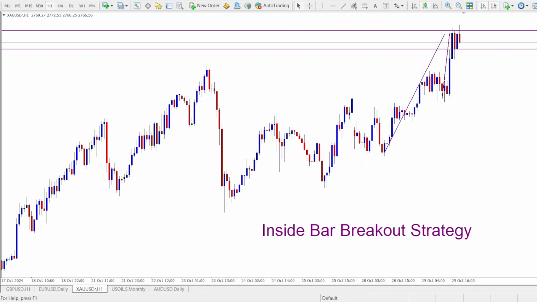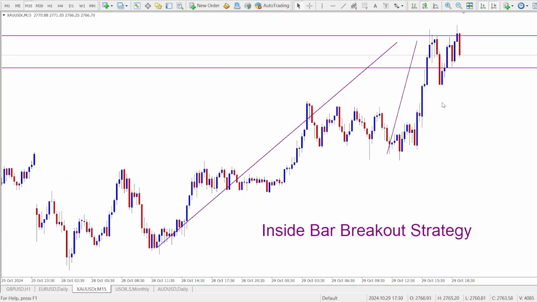Now, this strategy can be applied across various time frames. Whether you are a day trader or a swing trader, inside bars can be your best friend. However, I recommend starting on the 1 hour to 4 hour charts, a minimum of 1 hour, to spot reliable setups. When you are trading on the smaller time frames, you're going to find a lot of noise, a lot of price movement.